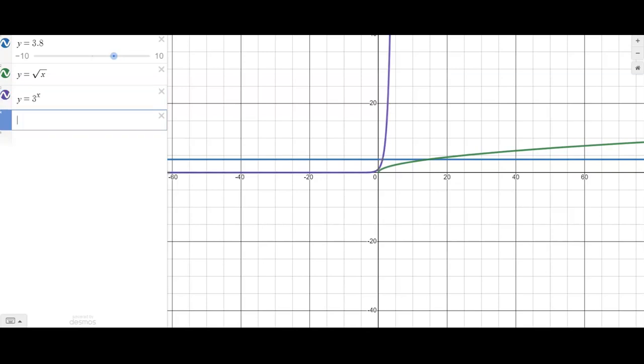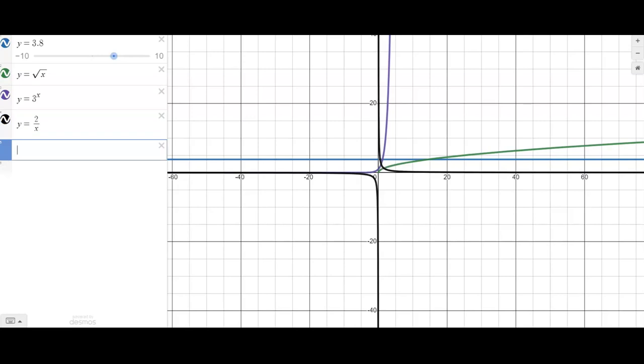On to 4, we have y equals 2 divided by x. You can see that is definitely not a linear function. On to 5, we have y equals 6 times the parentheses of x minus 1 in parentheses. You can see that is a linear function.